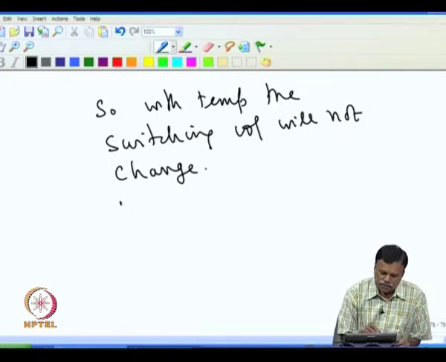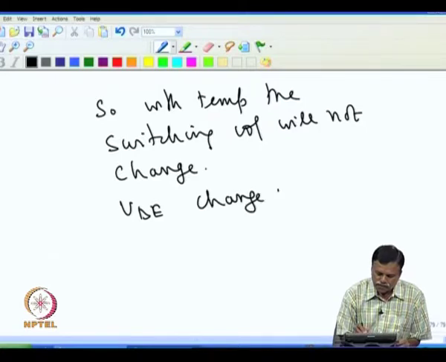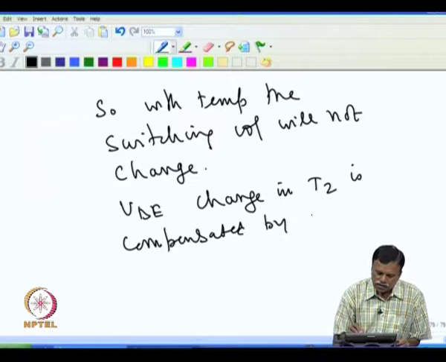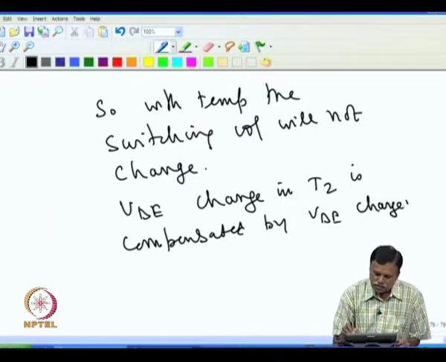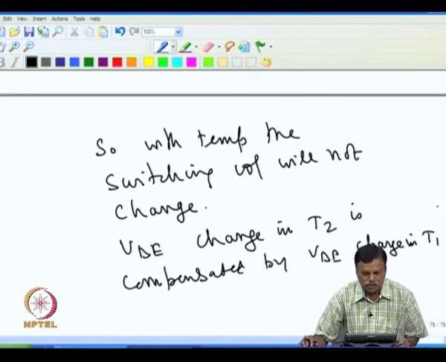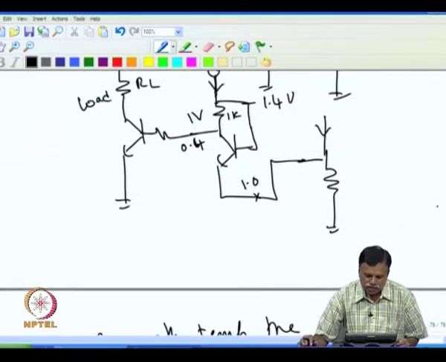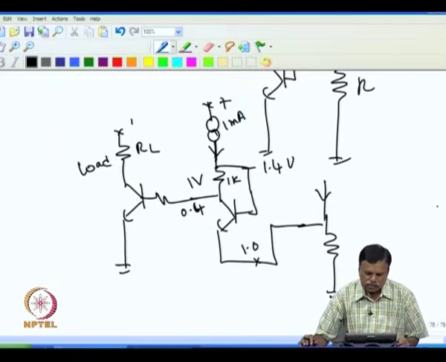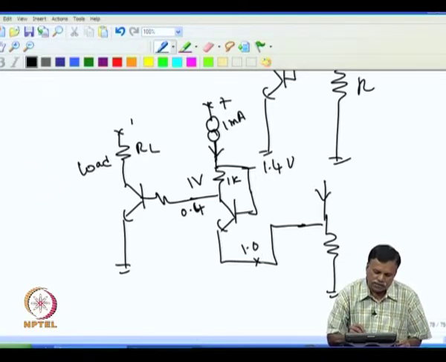So, the VBE change in T2 is compensated by the VBE change in T1. This can be used with great advantage, because the switching voltage is not changing with temperature.